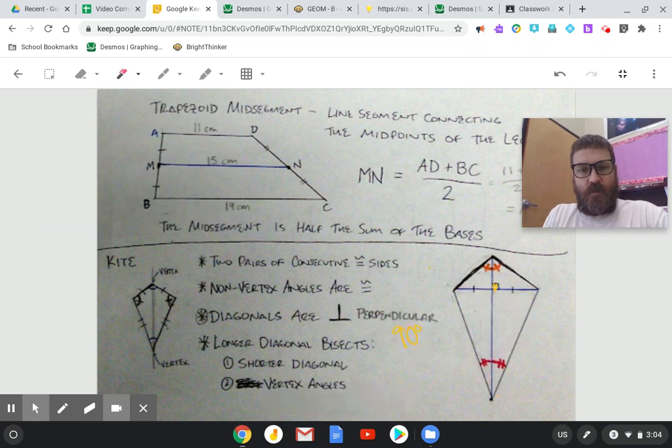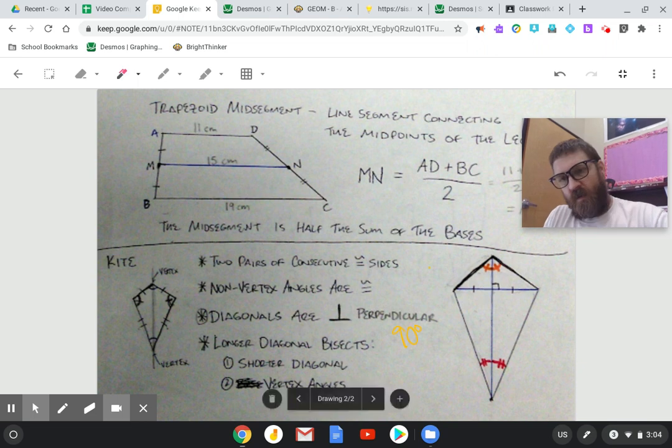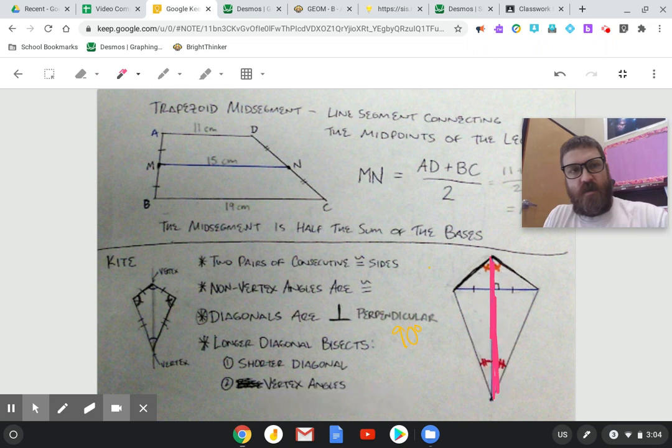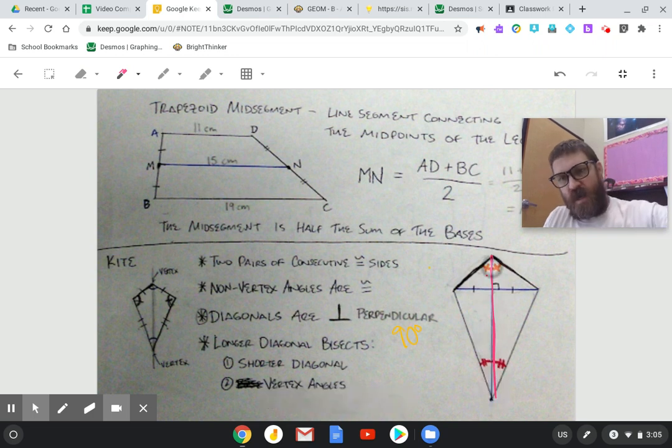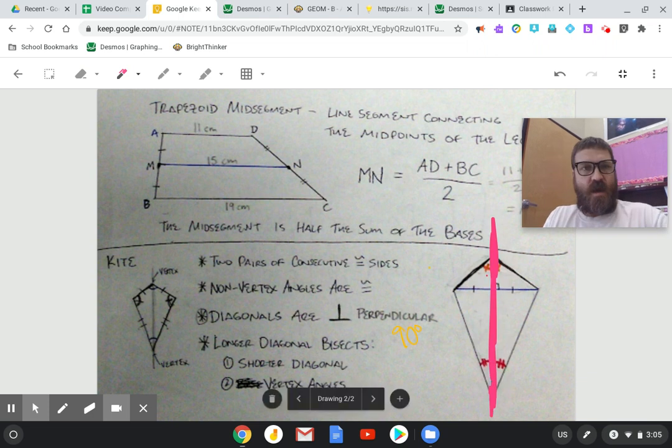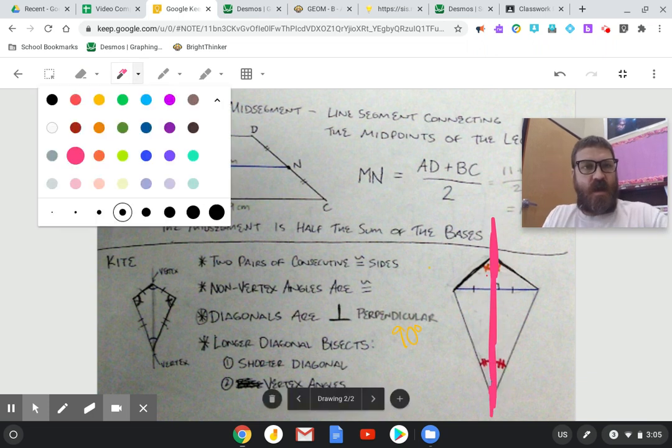Lastly, there are two things that happen with this diagonal that runs along the longest part of this shape. So this diagonal right here does some things in this figure. Let me try to get that line drawn out as straight as I can. There we go. It bisects the entire figure. You can probably tell just looking at this that this is cutting this shape in half. And either side of that line, they are congruent things.